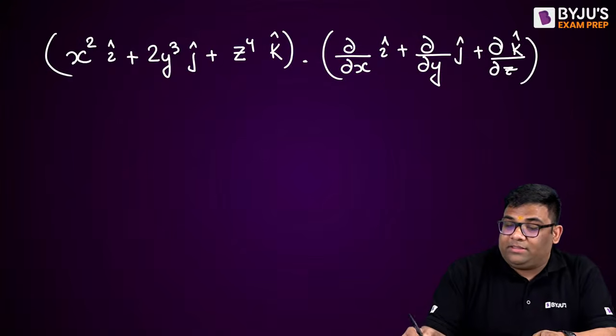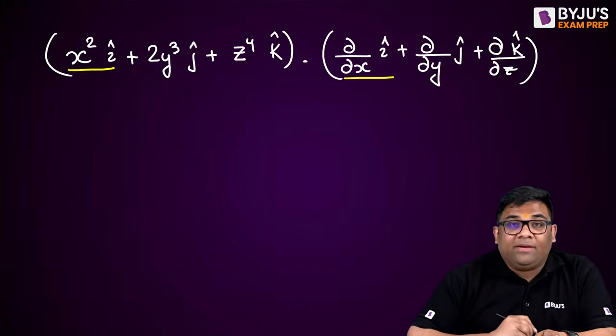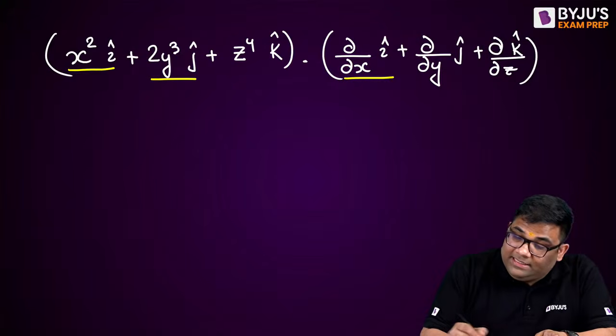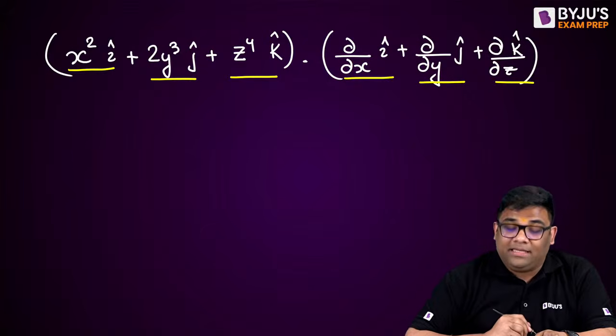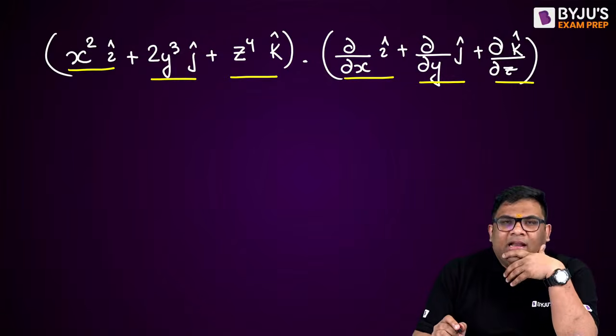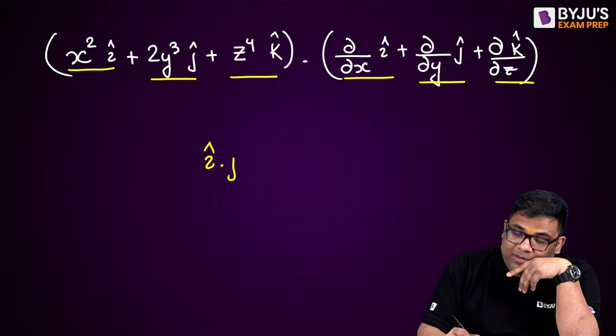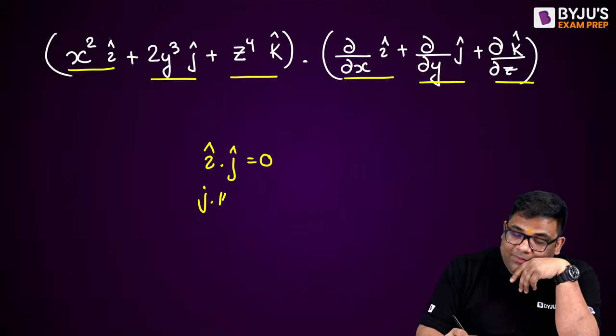When you do the dot product, this will get multiplied, and this will get multiplied. You cannot multiply i and j, because i dot j will be 0, or j dot k will be 0.